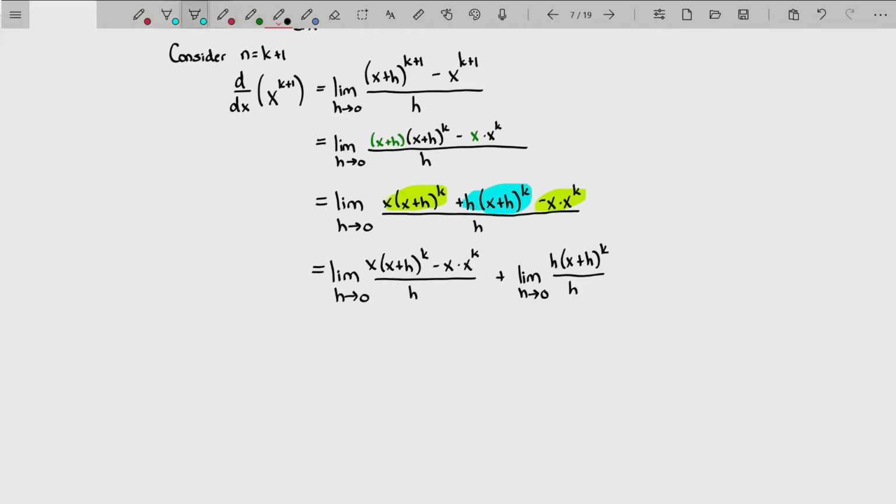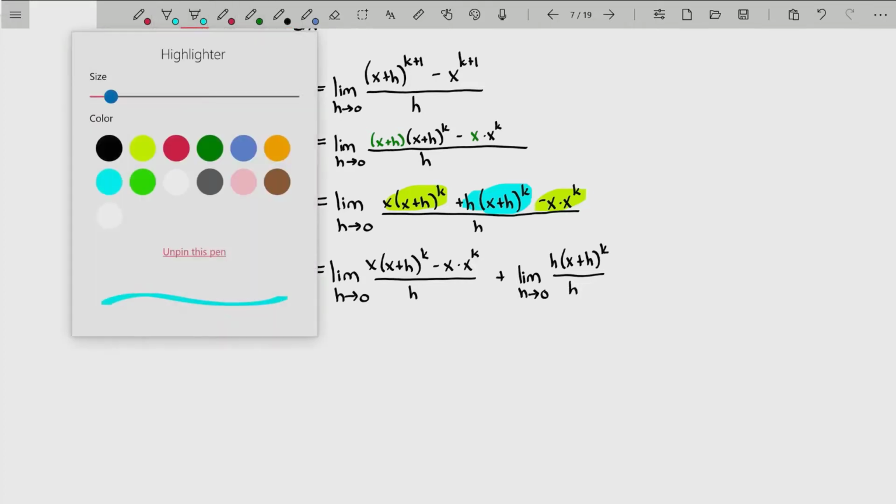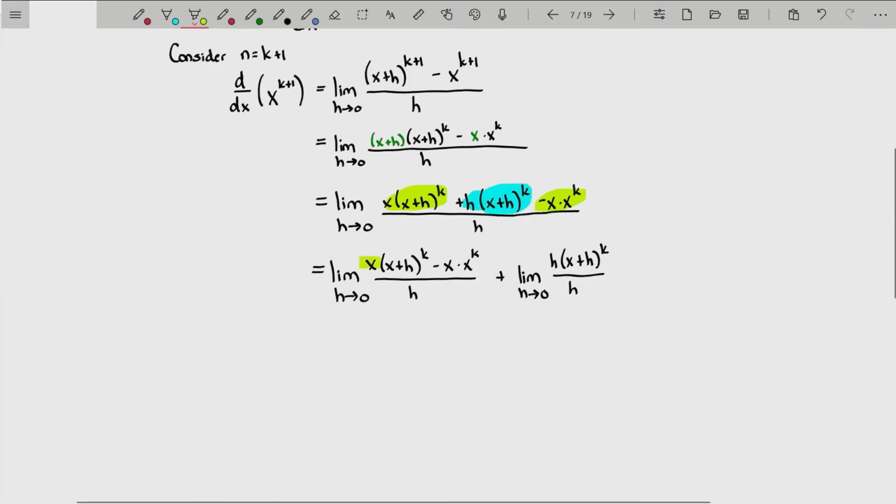Notice that in that first limit, both terms in the numerator have this x in common. That x does not rely upon h, so you can actually pull that outside of the limit. Because it does not rely upon h, it's not adjusted as h runs to 0.